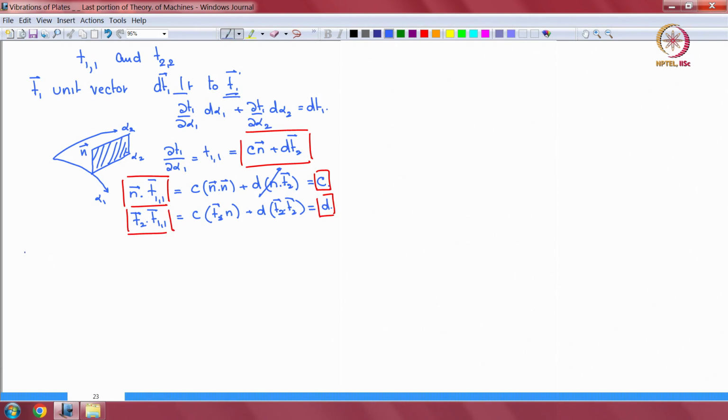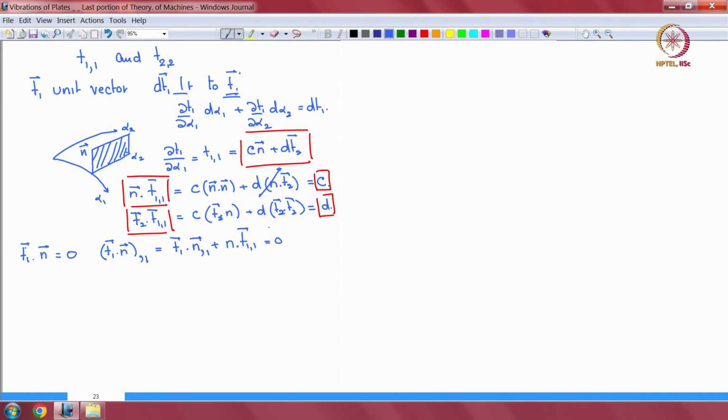Now, we know that T1 dotted with N equal to 0, and therefore its derivative is also 0. So, this is equal to T1 dotted with n,1 plus n dotted with T1,1 equal to 0.